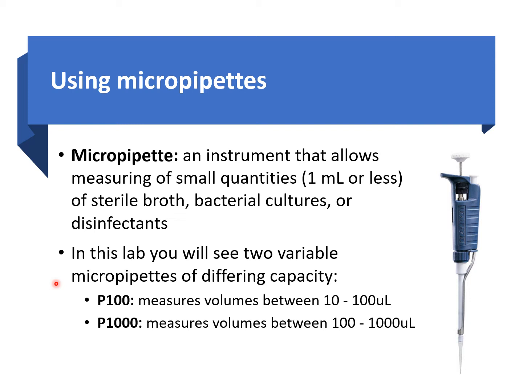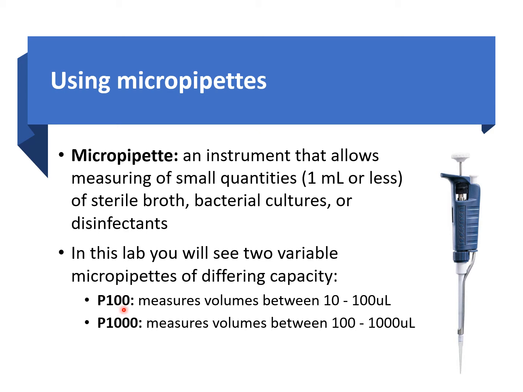Now, there are multiple micropipettes out there. We call them P, and I'm going to explain the numbers in just a minute. We have one that's called P2, there's P20, there's P200. Now, the two that we are going to focus on are the P100 and the P1000. So what does P100 mean?